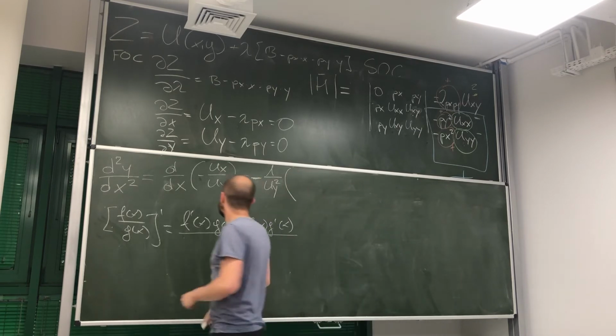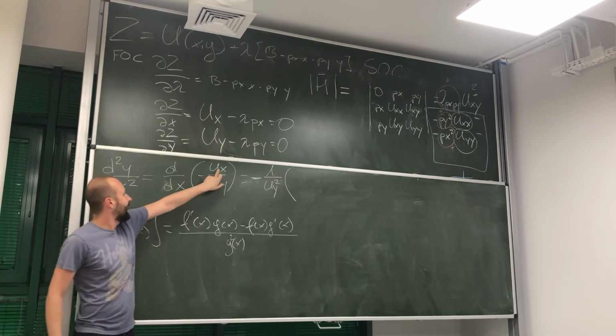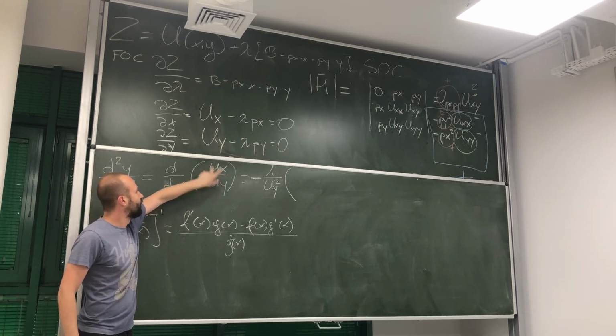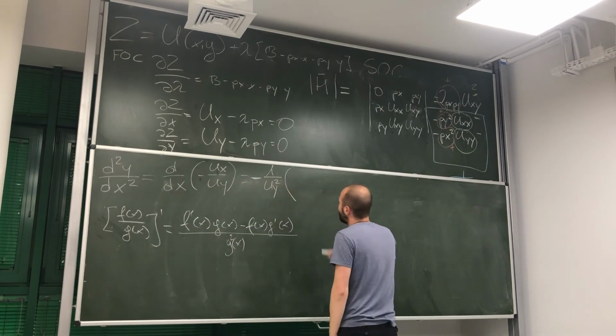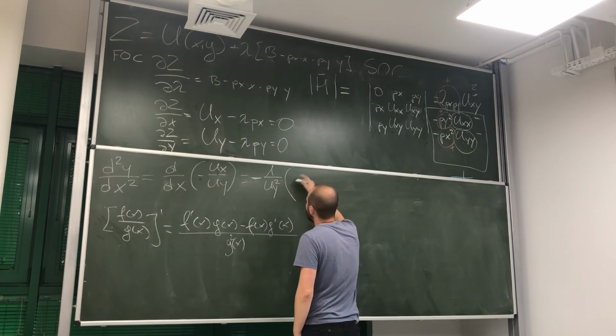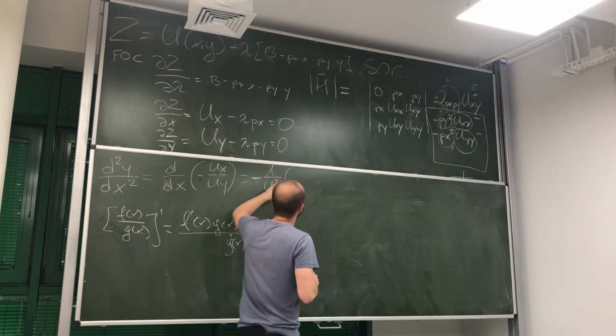Okay, so first thing, we need to differentiate ux, right? So what is this ux over here? Ux, a derivative, is our marginal utility. Oh, I deleted it.